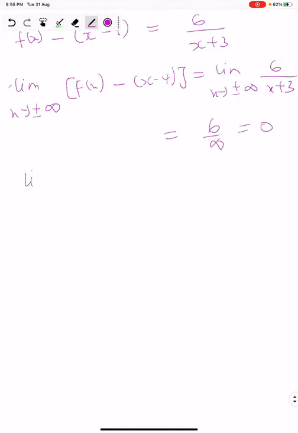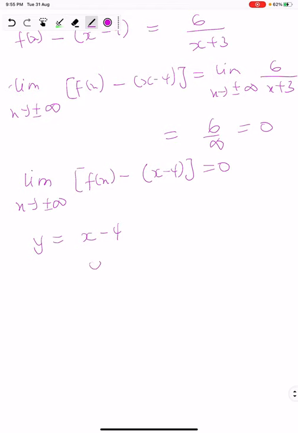That means the limit as x approaches positive and negative infinity of f of x minus the quantity x minus 4 is equal to 0. This implies that the line y equals x minus 4 is an oblique asymptote of the graph of f of x equals x squared minus x minus 6 all over x plus 3.